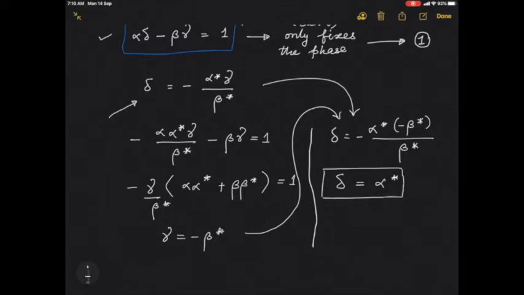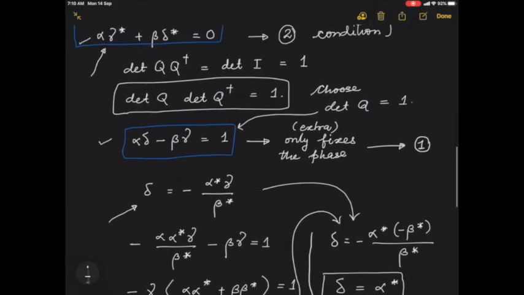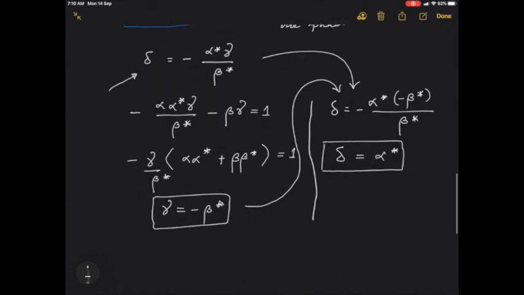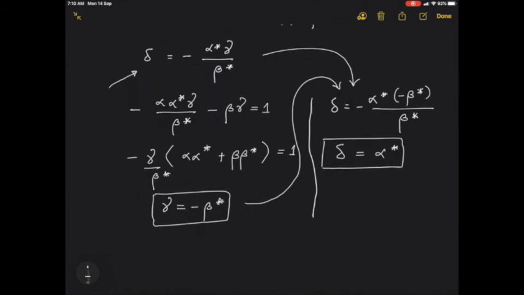So again I get these two relations. And you see, by doing this, I have not used one equation, which is either gamma star plus delta star equals 1 or alpha star plus beta star equals 1. So one equation is still left.